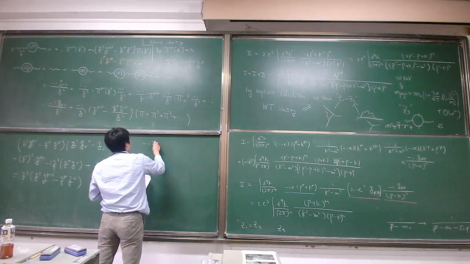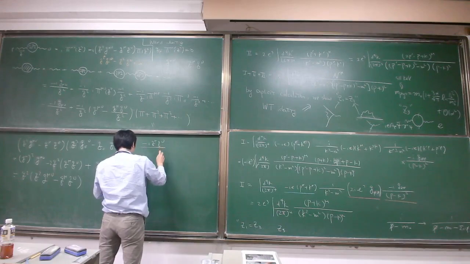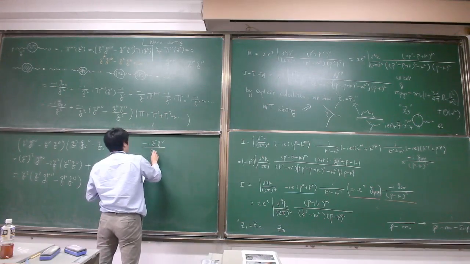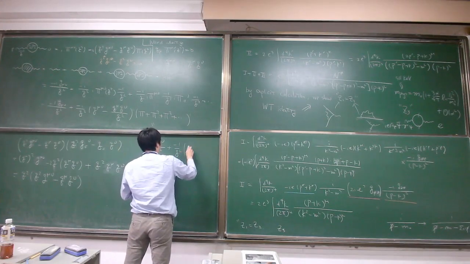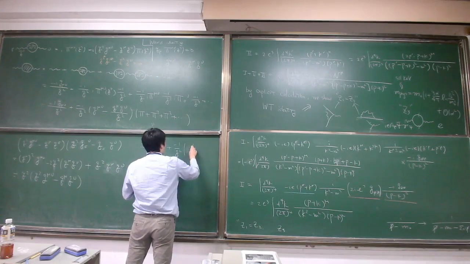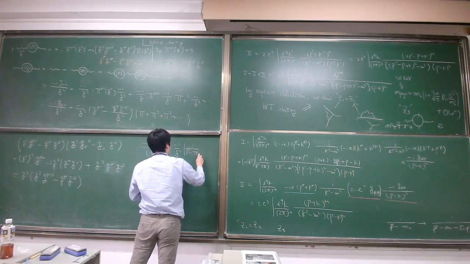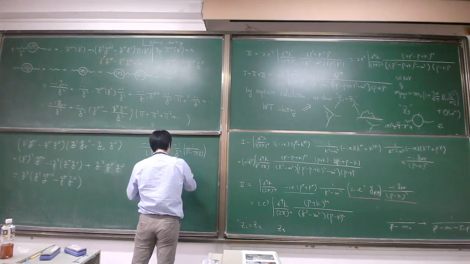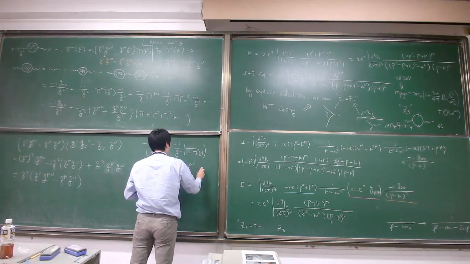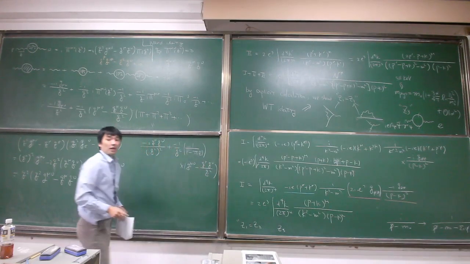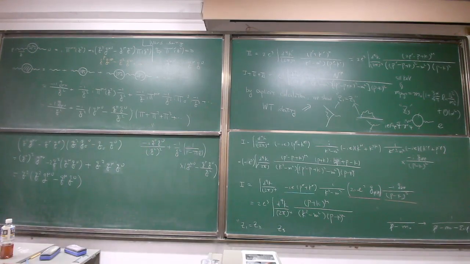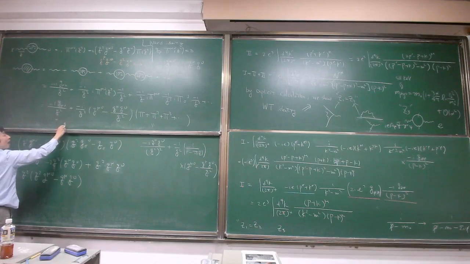Minus i q mu q nu over q squared, plus minus i over q squared times 1. Do you agree with that? Are you guys following? So let's see, this can be written as the 1.